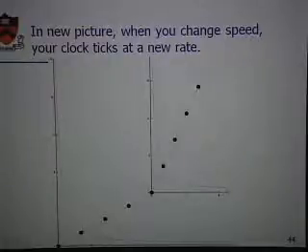So when you change speed, your notion of time changes. Now that may seem a little bit peculiar. All I want you to understand, and I'll come back to this time and time again until you're thoroughly bored with it, is that this picture is a possibility. It's consistent.